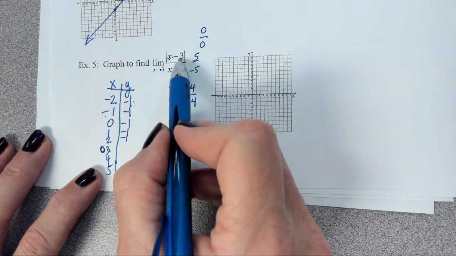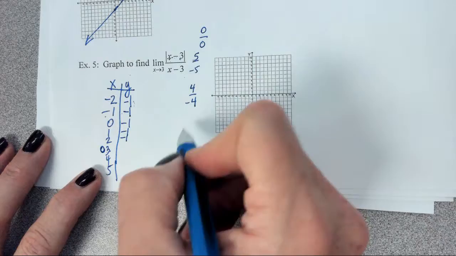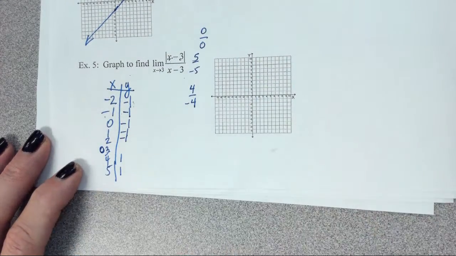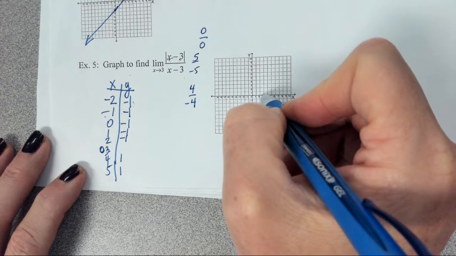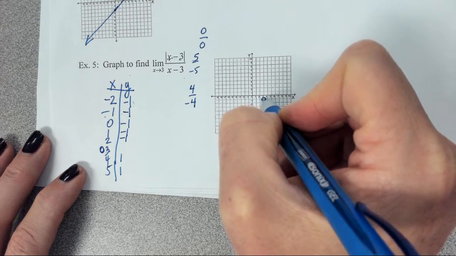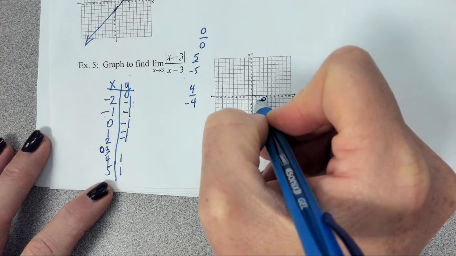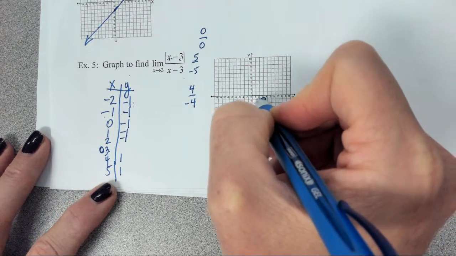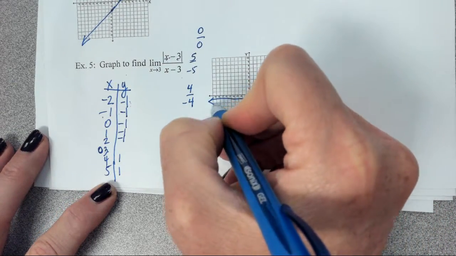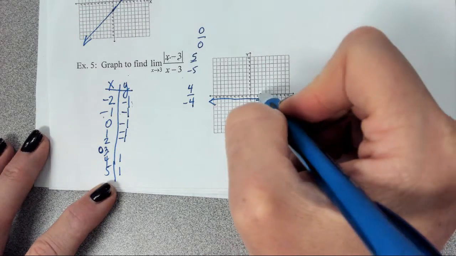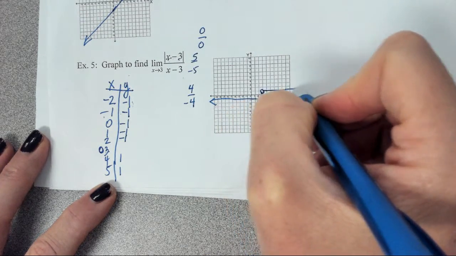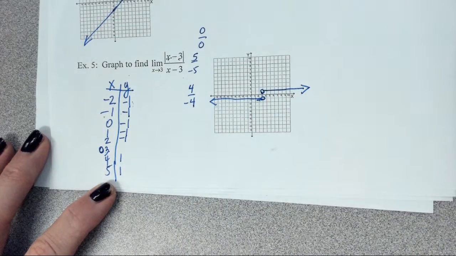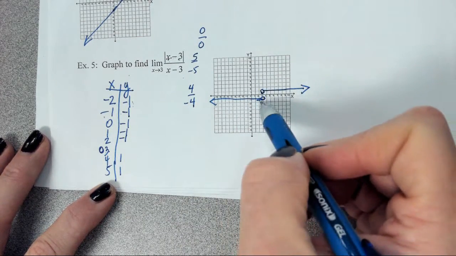Check 4. 4 minus 3 is 1, so that's going to be 1, 1. So here is the way this graph looks. At 3, down to the left, the graph is always going to be negative 1, like this. At 3, down to the right, it's always going to be positive 1, like this. And there's going to be an open dot.